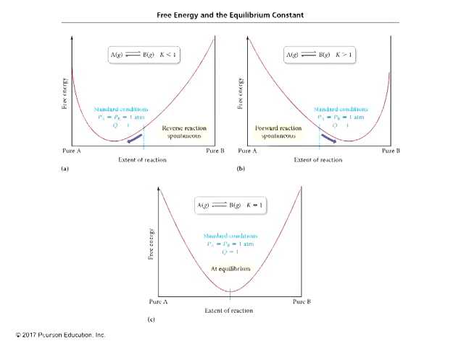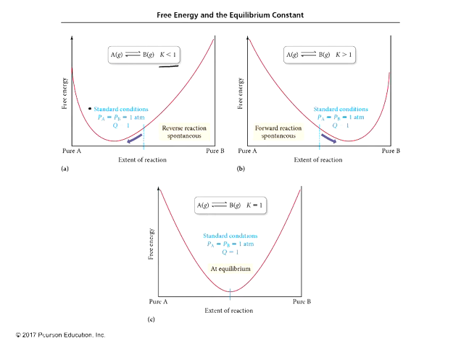All right, and here's a few examples of some free energy charts, showing the same idea. So on the upper left, we have a small value of K, which again means we have a ton of reactants. And this reaction will only occur if we have a lot of products.